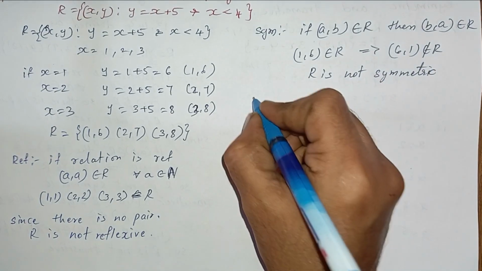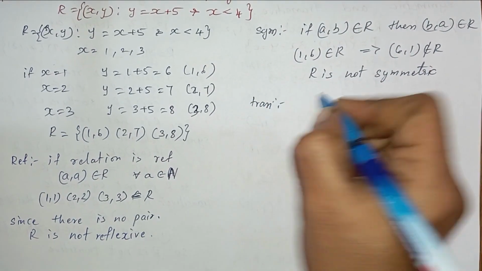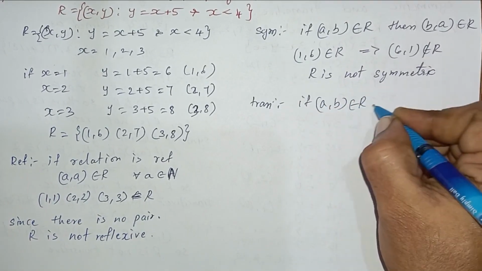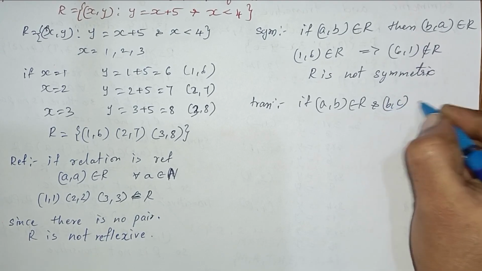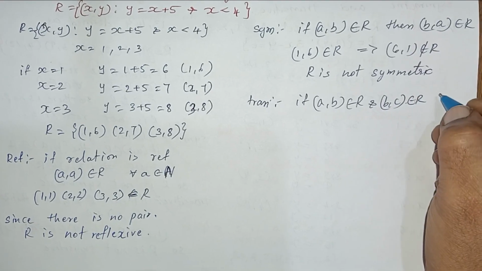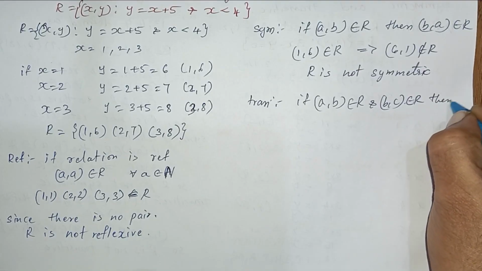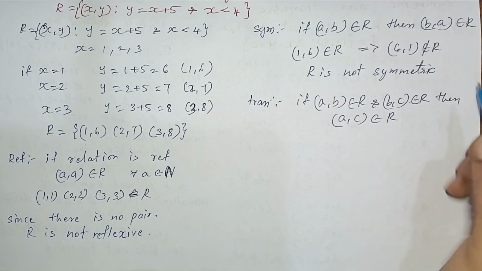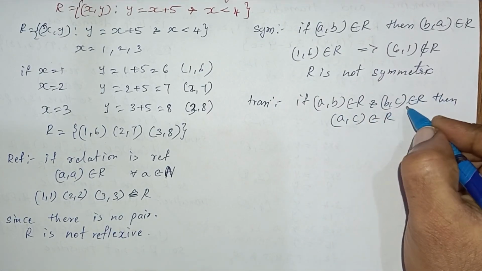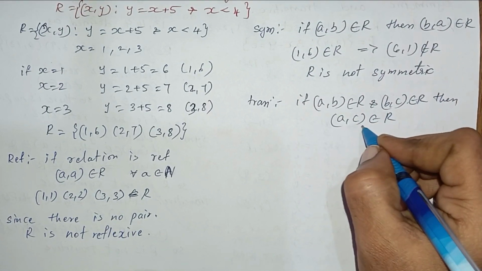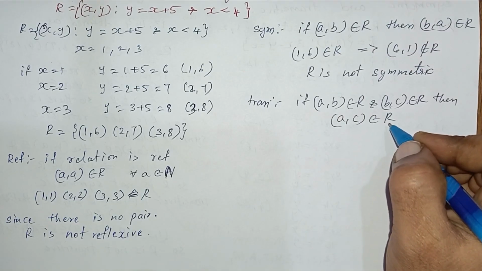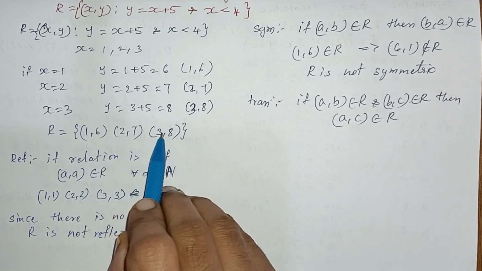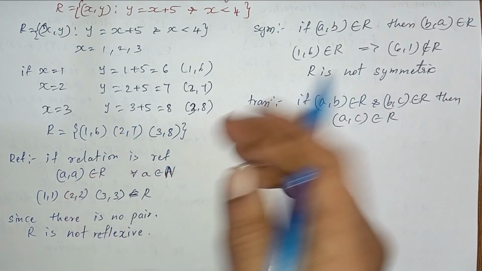Next we have to check for transitive. If (a, b) belongs to R and (b, c) belongs to R, then (a, c) should also belong to R. But here we have (1, 6), and there is no pair starting with 6.